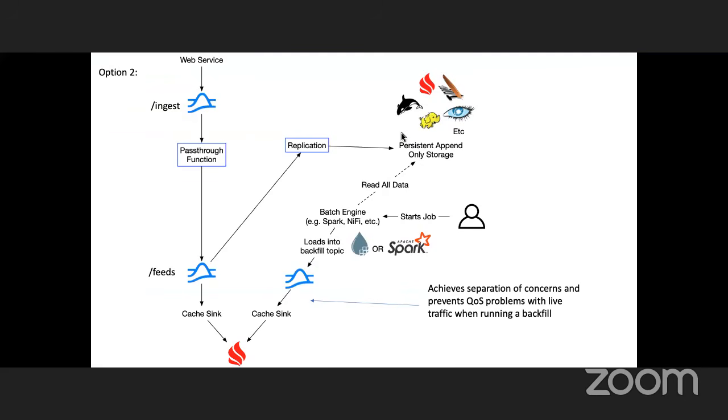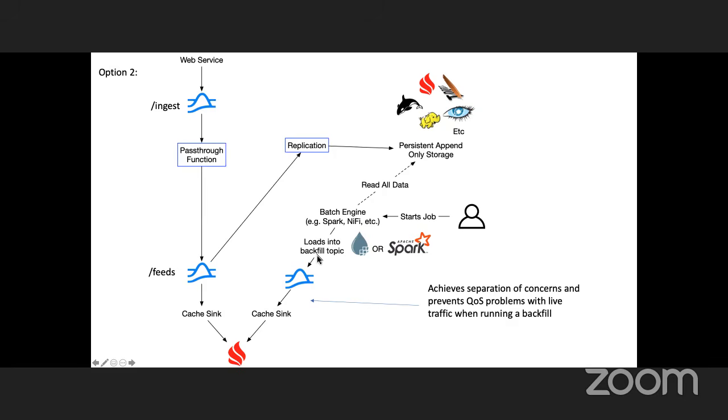Okay, so let's look at option two. In this pattern, we're creating a separate topic for a backfill path. Technically it wouldn't be the feed side, because feeds is really intended for this kind of PubSub pipeline. So we have a separate piece, specifically for backfill, that's loading into our cache. One benefit of this separation is better quality of service.